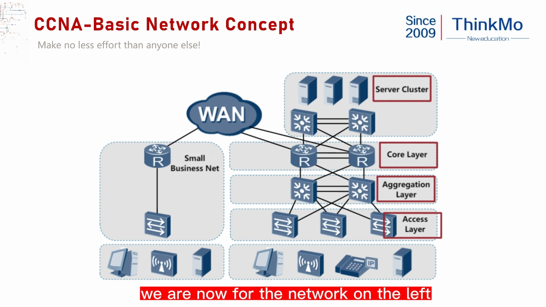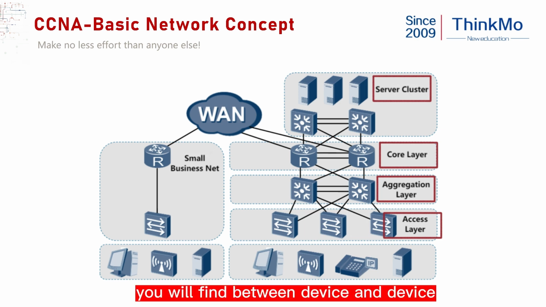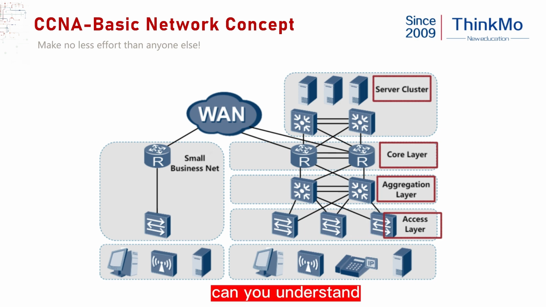Now for the network on the left, it's a single line. You will find that between device and device, we do not take any redundant measures. Can you understand? Let's say my line is broken, I can't go online. In the future, if my interface is physically damaged, I can't go online.